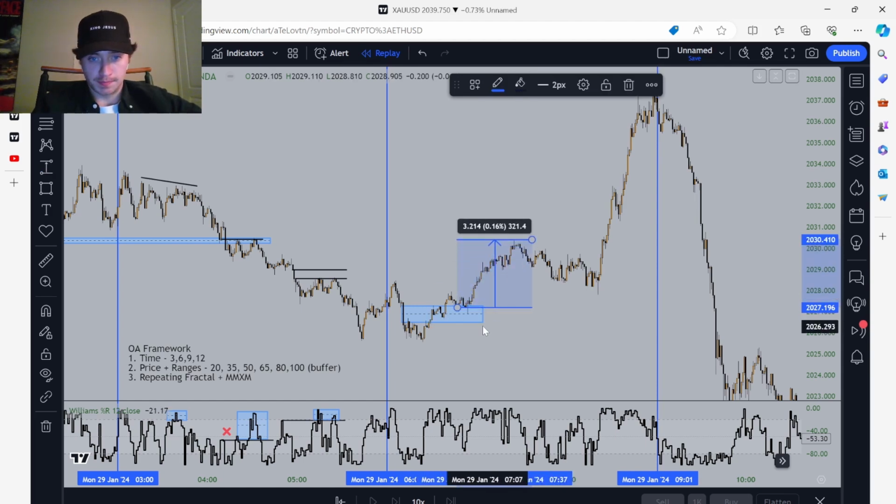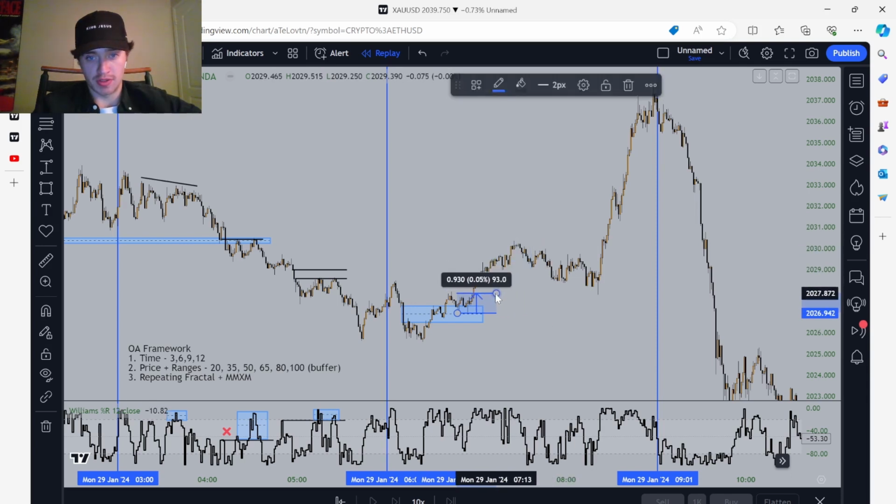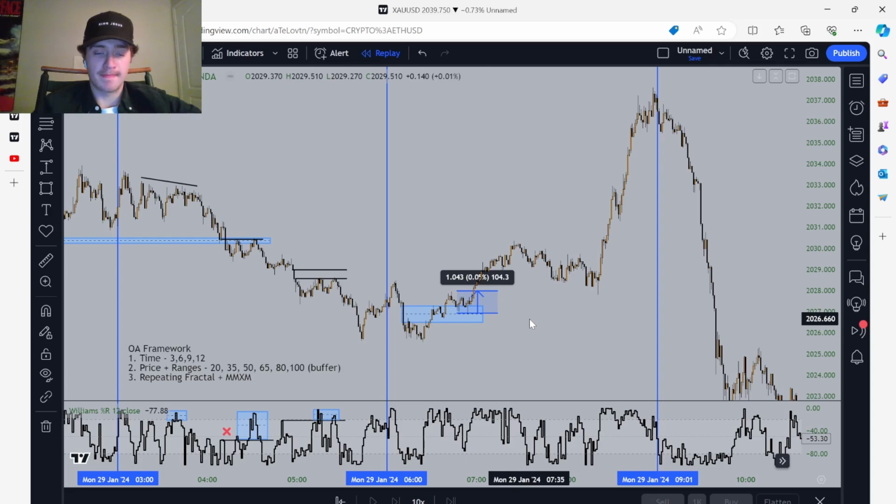So this expansion here from the low to the high, 35 pips. Okay, 35 pips. What's the retracement? 10 pips.